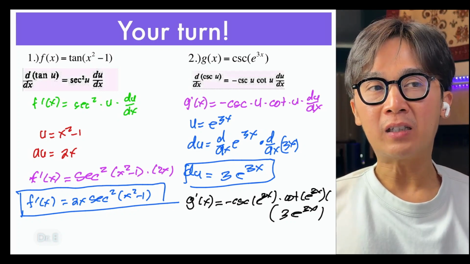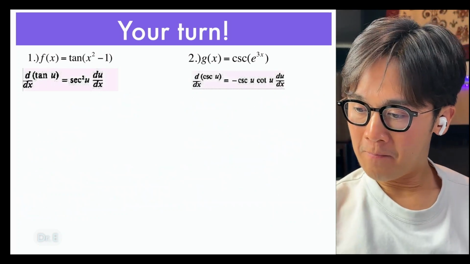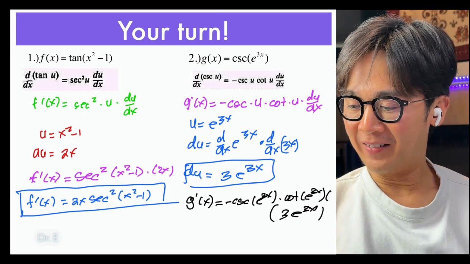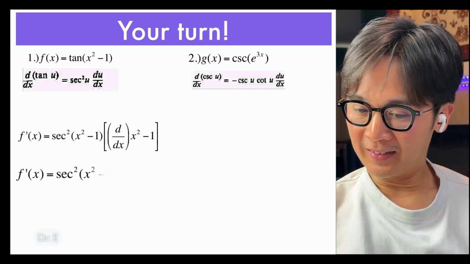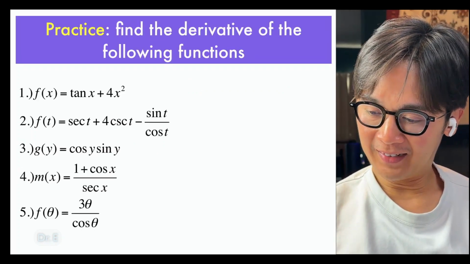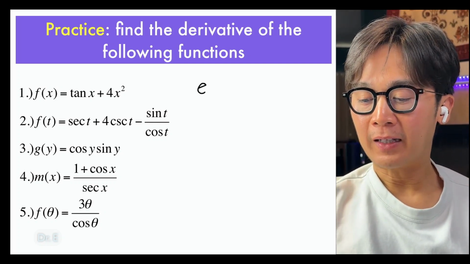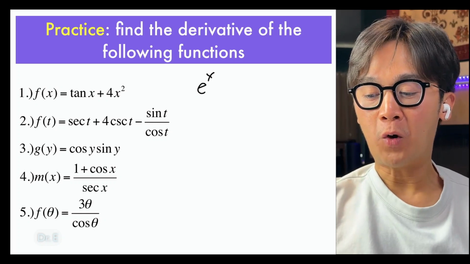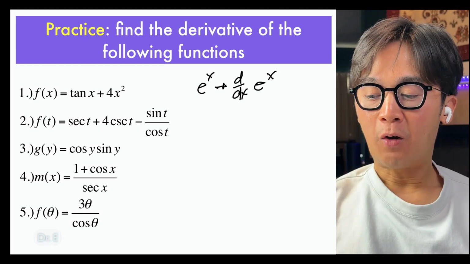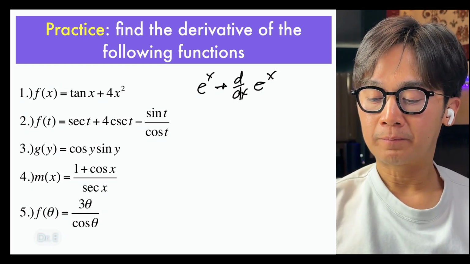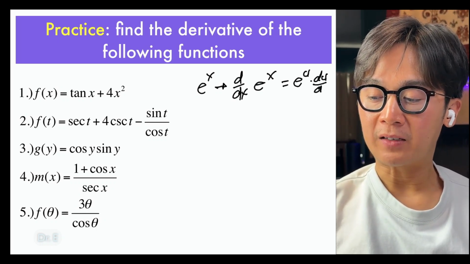So essentially, if we have e to the x, and we're going to find the derivative of e to the x, we're going to be using the formula e to the u du dx.